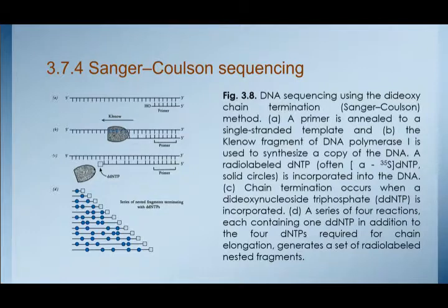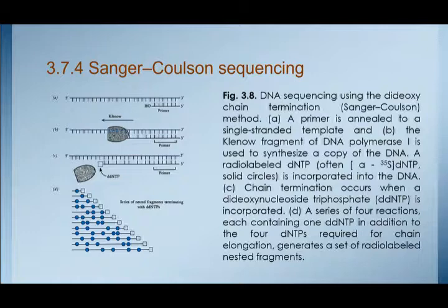The production of nested fragments is achieved by the incorporation of a modified dNTP in each reaction. These dNTPs lack a hydroxyl group at the 3' position of the deoxyribose, which is necessary for the chain elongation process.